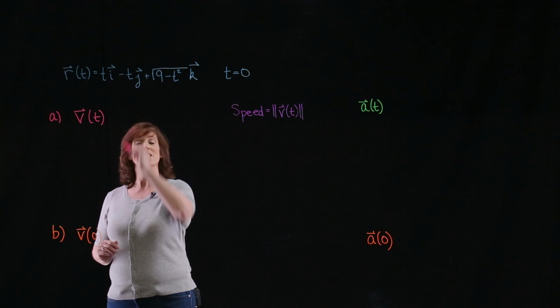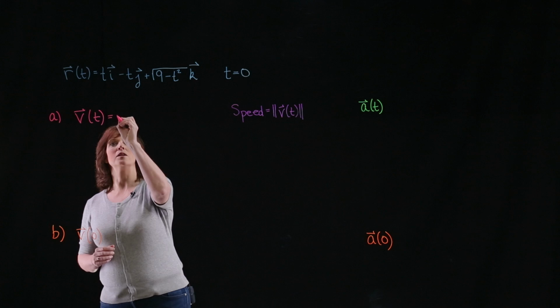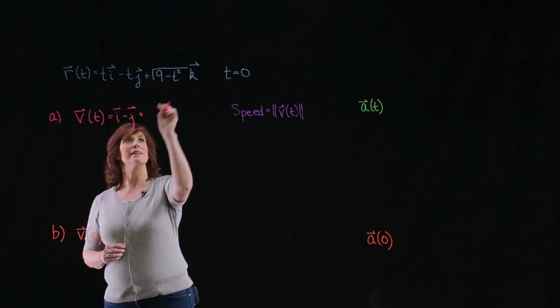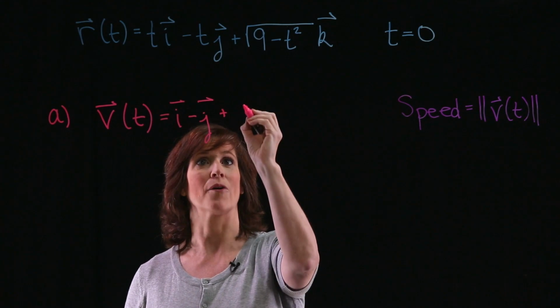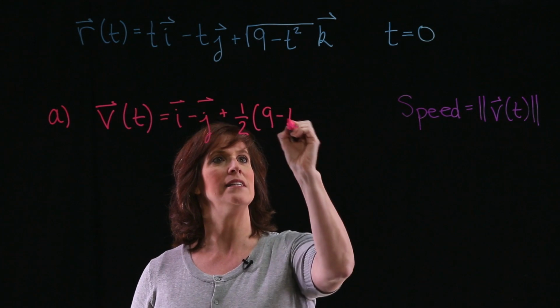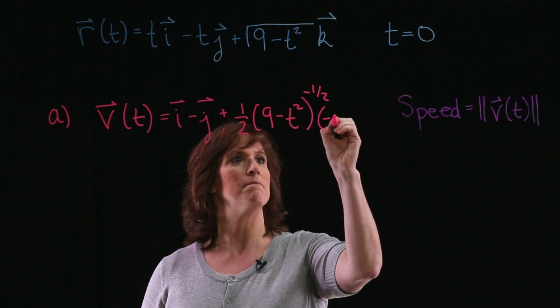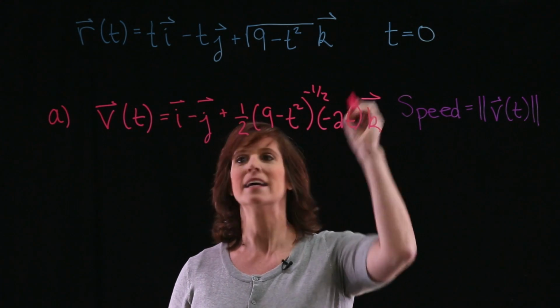To go from the position to the velocity, you find the derivative. So my velocity vector is going to be i minus j plus, now I can think of this as 9 minus t squared to the 1/2 power. So this will be 1/2 times 9 minus t squared to the negative 1/2 power times minus 2t times my vector k.